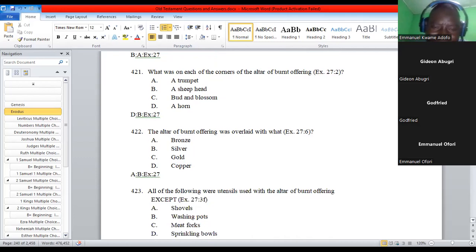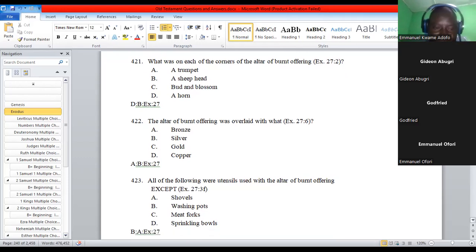All of the following were utensils used with the altar of burnt offering, except: shovel, washing pots. So let's read and see what is there. Verse 3: make all its utensils of bronze, its pots to remove the ashes, and its shovels, sprinkling bowls, meat forks, and fire pans.